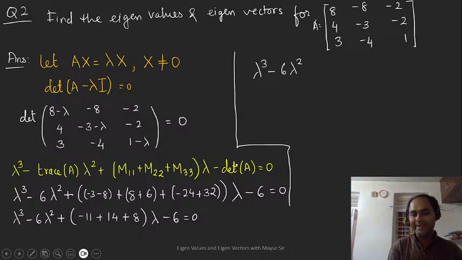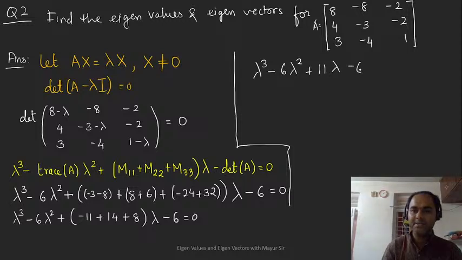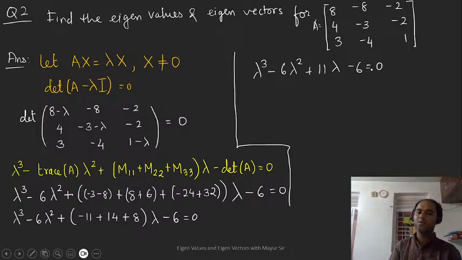I am not using the calculator, I am just relying upon mental mathematics right now, and I am going slowly to explain to you. So slowly we'll get it done. So how much do you get here? It is 14, here is 3, you will get 11. 11 lambda minus 6 is equal to 0.